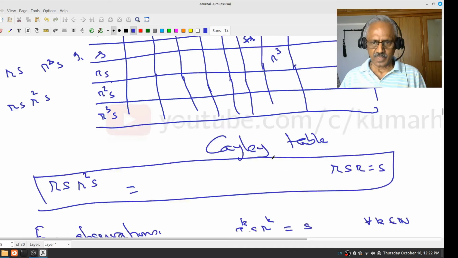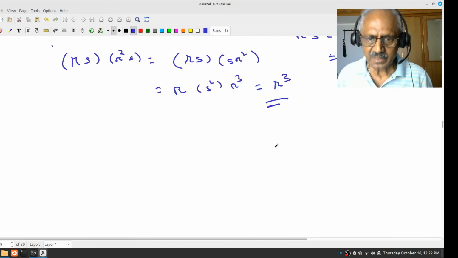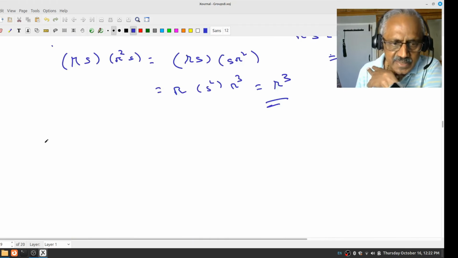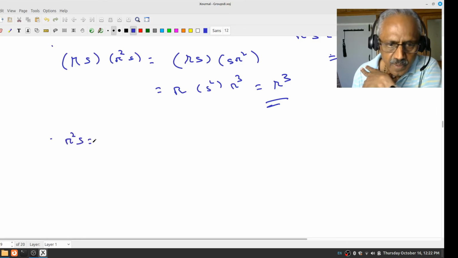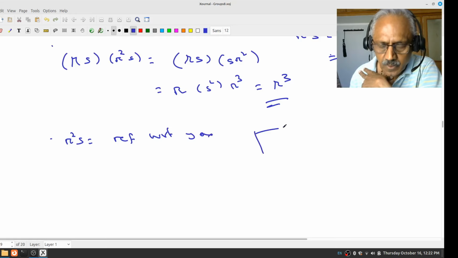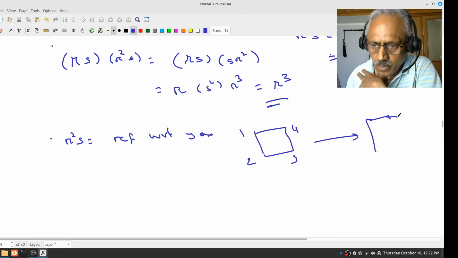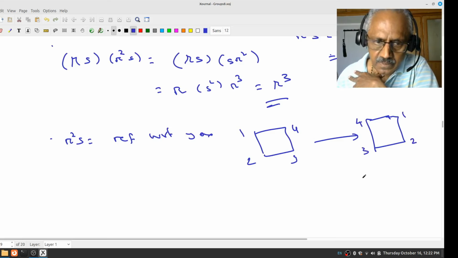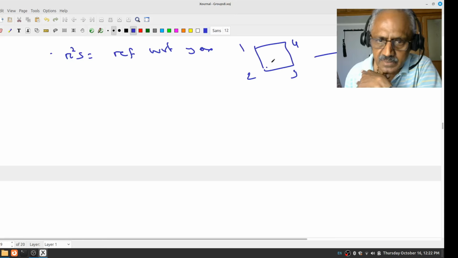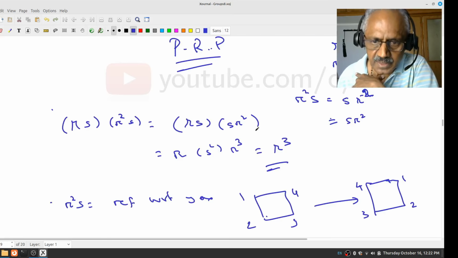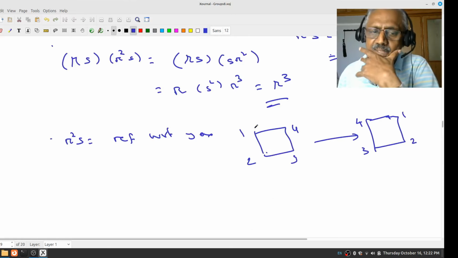Okay. Now let us just verify this in a slightly different way. We saw r squared s is reflection with respect to the y-axis. That means 1, 2, 3, 4 went to 1, 4, 3, 2. First we have to do r squared s, then I have to do rs.